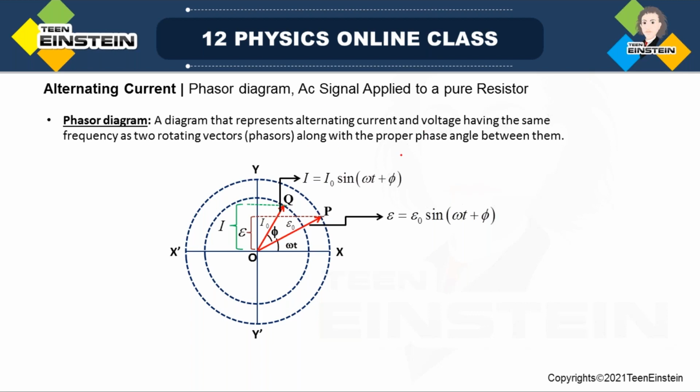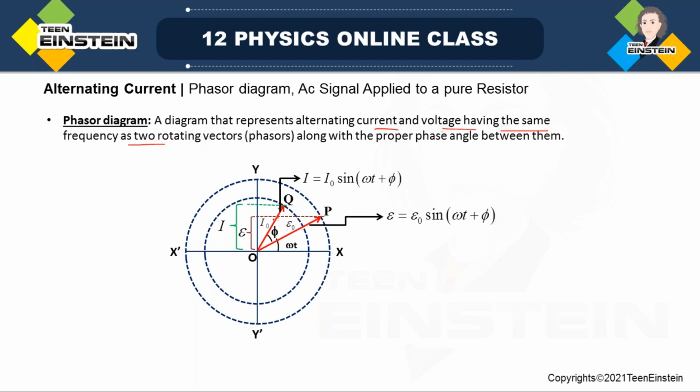But here, specifically for our purpose, we will be representing alternating current and voltage in terms of a phasor diagram. It represents alternating current and voltage which have the same frequency as two vectors.